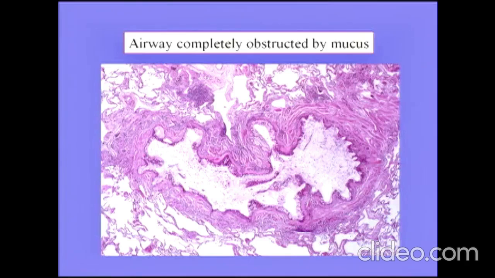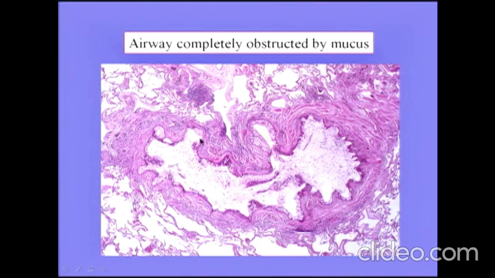Now, as I said, sometimes the airways can be completely obstructed by mucus, and here's a very nice light micrograph showing this with an airway probably cut transversely here, which makes it this rather strange shape, and you can see the mucus within it. You can also see, incidentally, some remodeling of the basement membranes here. This is called reticular basement membrane, and it's a form of remodeling that occurs in asthma.